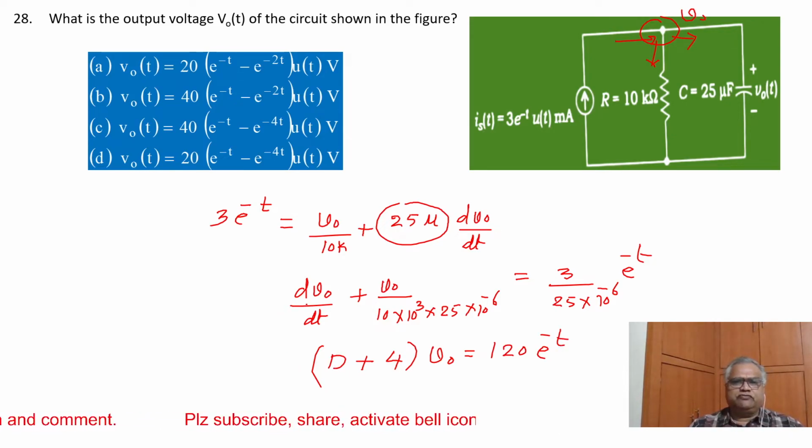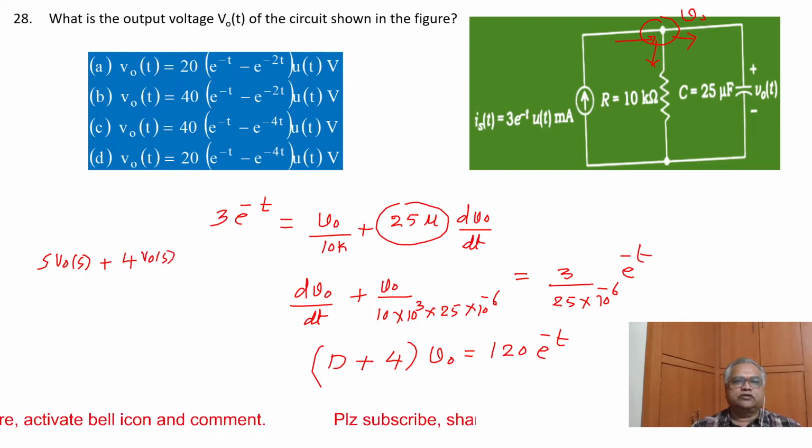So this equation we have to solve using Laplace transform. What is the Laplace of this one? s into V0(s) plus 4 V0(s) is equal to 120 e power minus t, which is 1 by s plus 1.